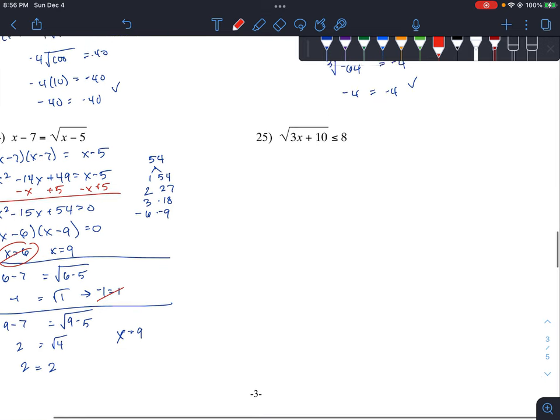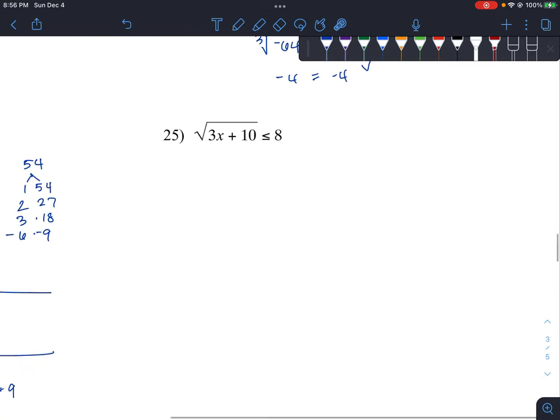Okay, let's try 25. So 25 is an inequality, so we've got the square root of 3x plus 10 is less than or equal to 8. So let's go ahead and square. Oh, first thing I'm going to do is check my domain. Remember that the radicand has to be greater than or equal to 0.